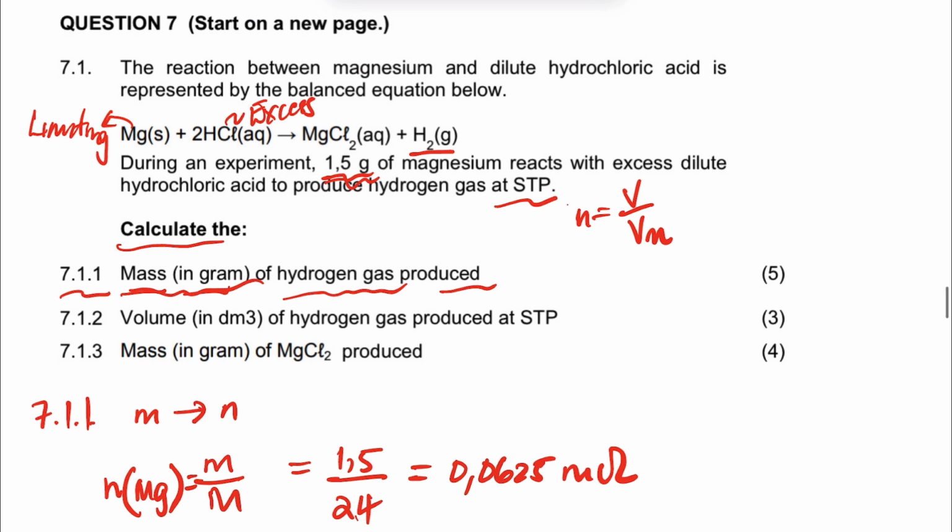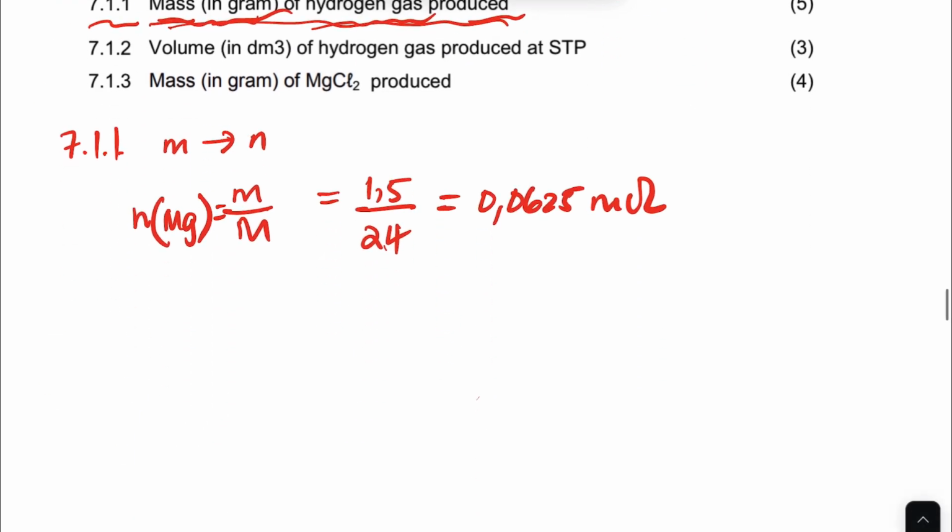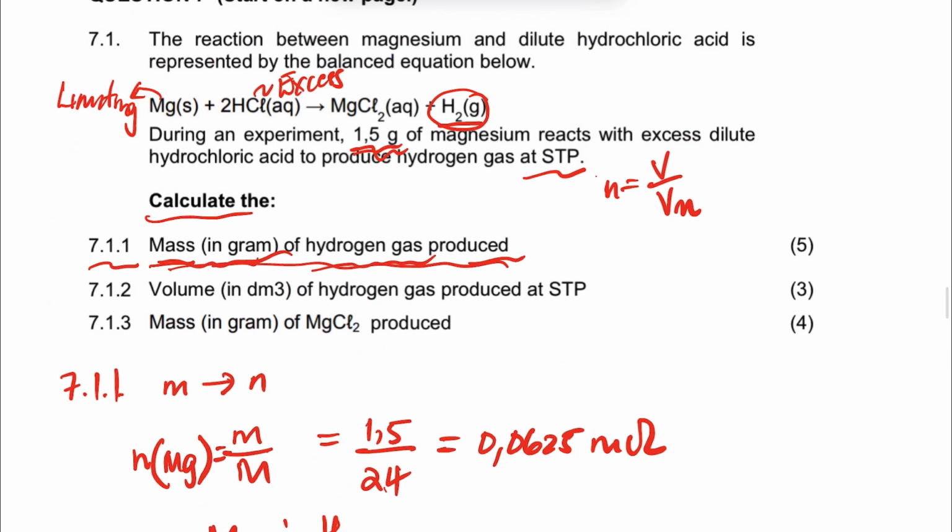So now, in order to get the mass of hydrogen that is asked here, we do what we call a mole ratio. Magnesium is to hydrogen, a known is to an unknown. The ratio there is 1:1.